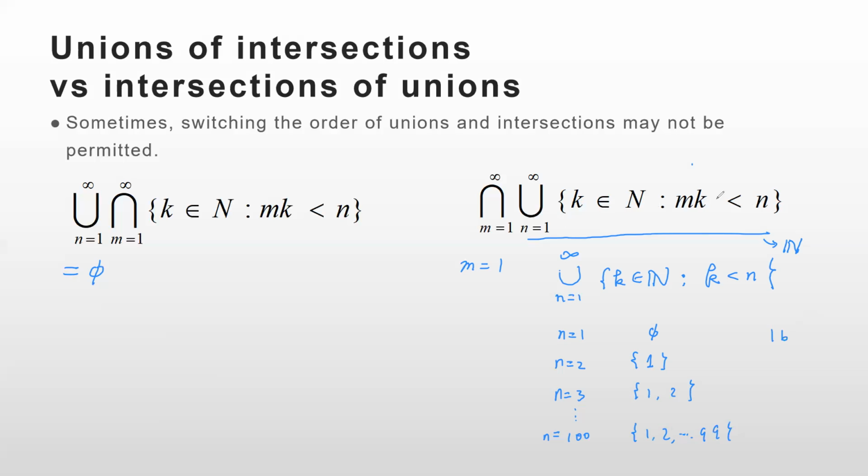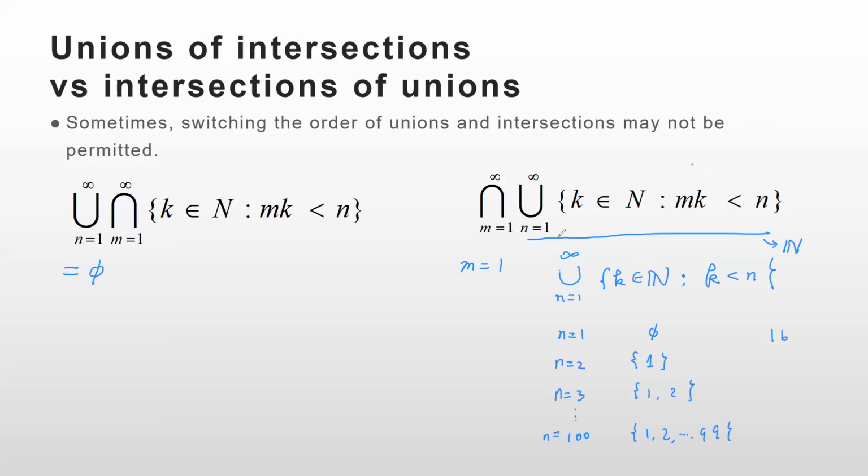Actually it depends on m. So let's say m equals 1. Then you choose n to be 2 billion, and obviously this set includes 1 billion. We need k less than n, so you choose n to be 2 billion, then k could be 1 billion. It's included in that set. So any natural number will be included in this set when m equals 1.